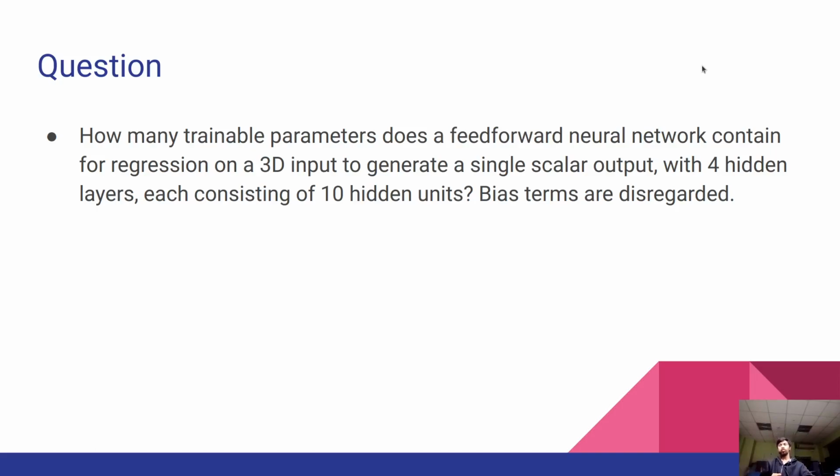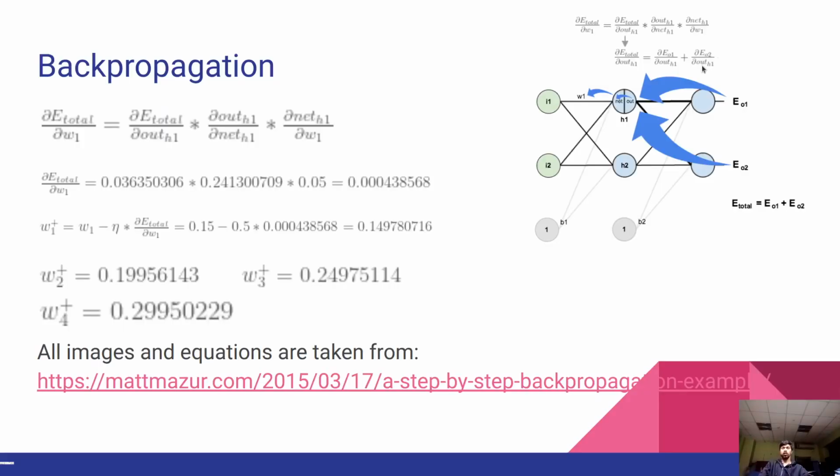So suppose you have a neural network with trainable parameters and a 3D input. 3D means you have three inputs; here we have two, but in your case suppose you have 3 inputs.